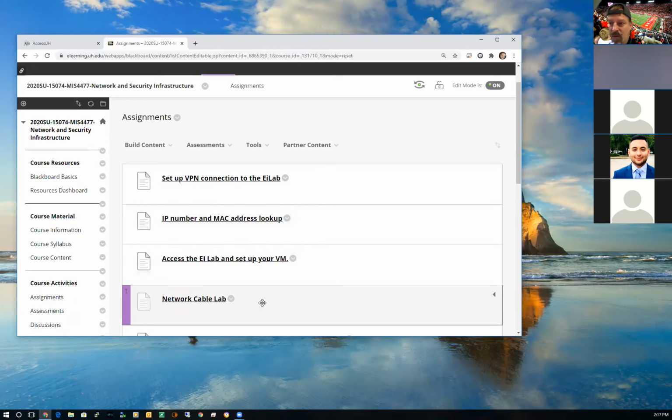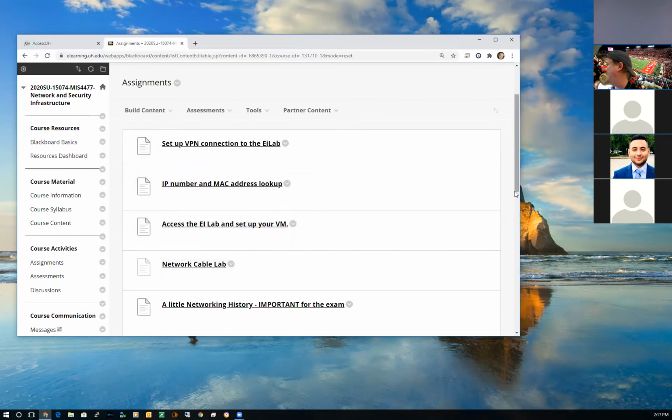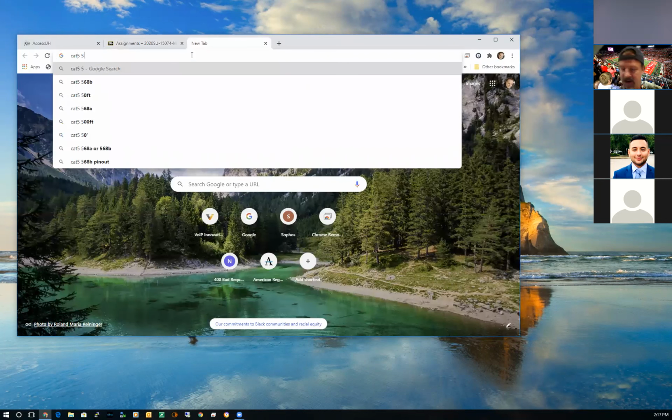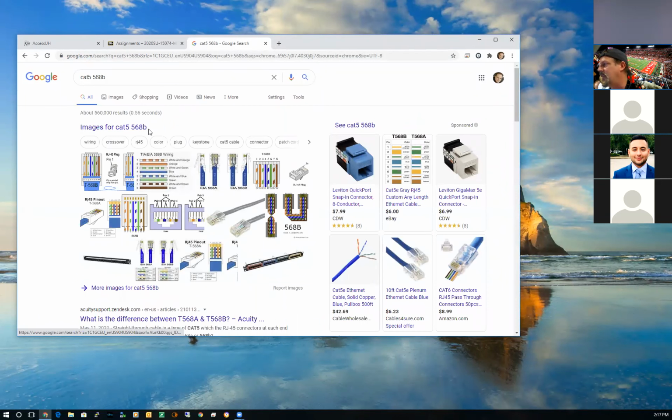Network cable lab, we cannot really do, so we're not going to do that one. Well, I'll probably have you guys watch a video or do a little assignment in its place that gets you introduced to Cat 5 and the pinout of 568B. 568B is the pinout that we use, and I'll post a couple of links to videos, which I want you to watch.